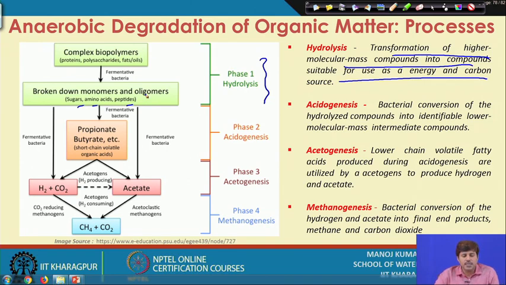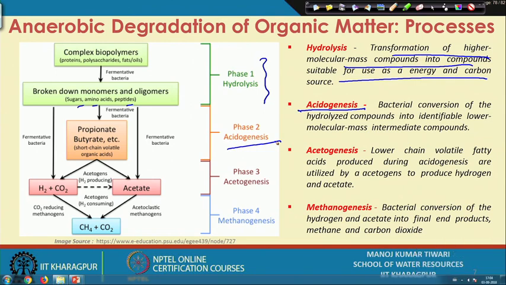Then these are converted to lower molecular mass intermediate compounds through acidogenesis. That is the second step, where sugars and amino acids are converted to propionate, butyrate and other fatty acids. Then the third phase is acetogenesis.